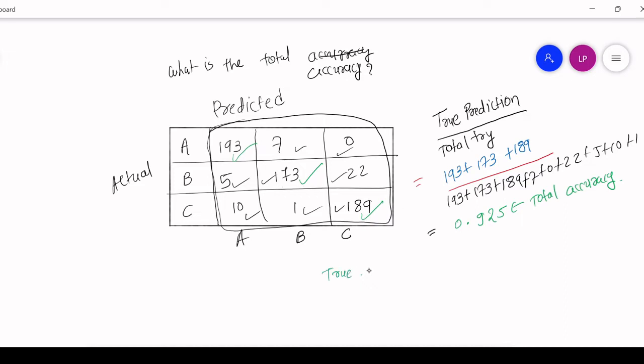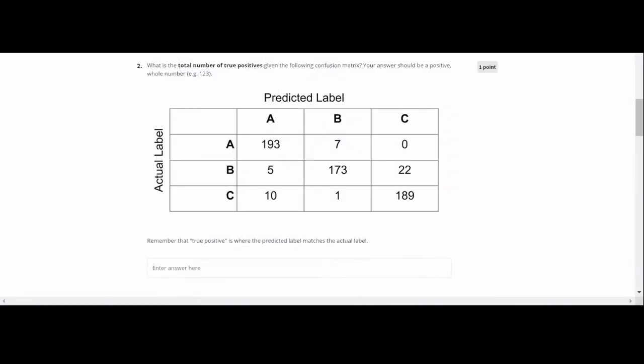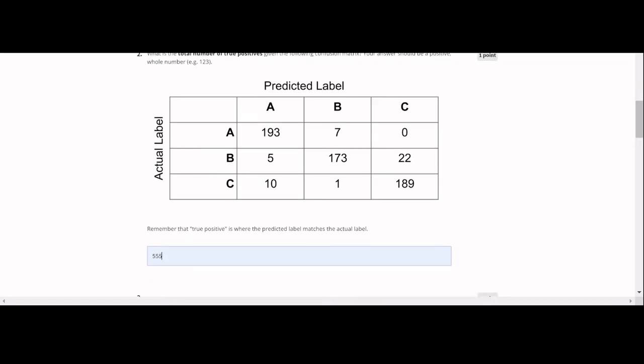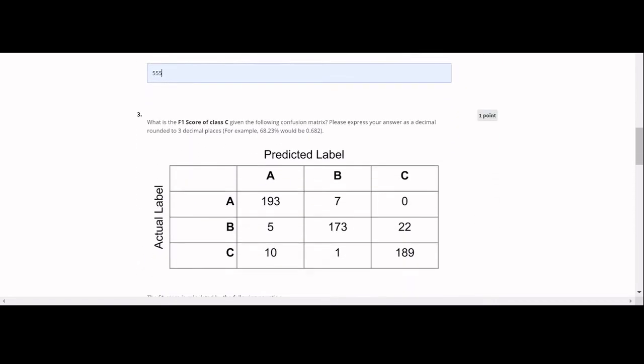So true positive is 193 plus 173 plus 189, that is equal to 555. So we can tell our examiner that 555 is the true positive.